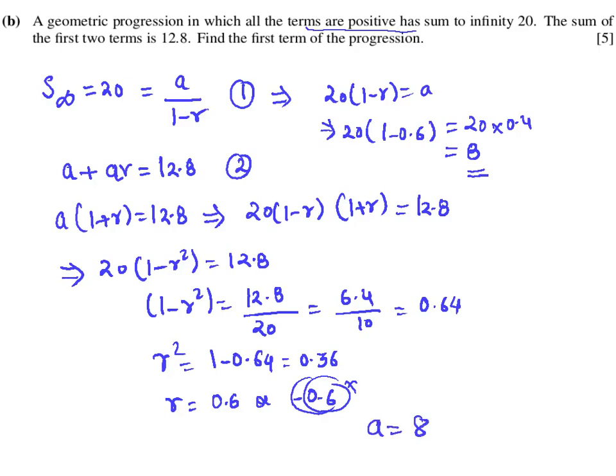Now if you want to cross check it, you can. A equals 8 plus ar, which is 8 into 0.6, you will get 4.8. So 8 plus 4.8 gives 12.8. This is the way you can cross check also.